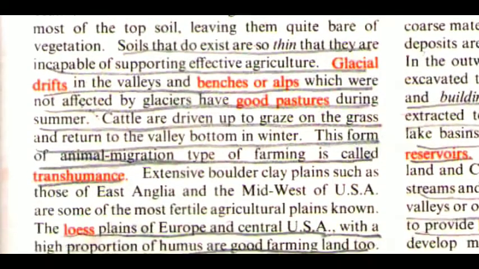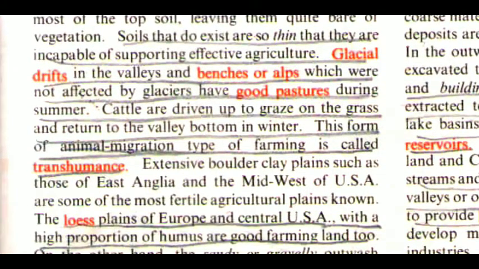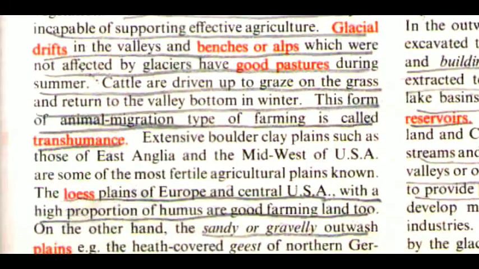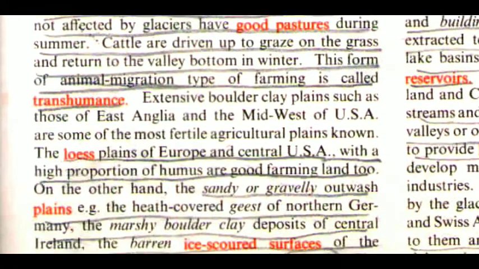Glacial troughs in the valleys and benches or arcs which were not affected by glaciers have good pastures during summer. Cattle are driven up to graze on the grass and return to the valley bottom in winter. This form of animal migration type of farming is called transhumance.